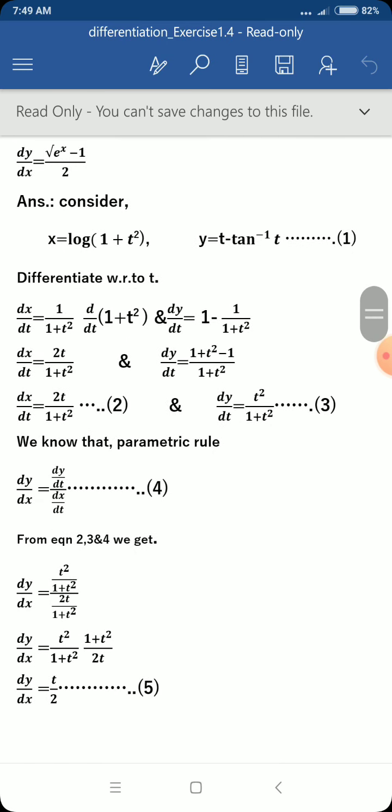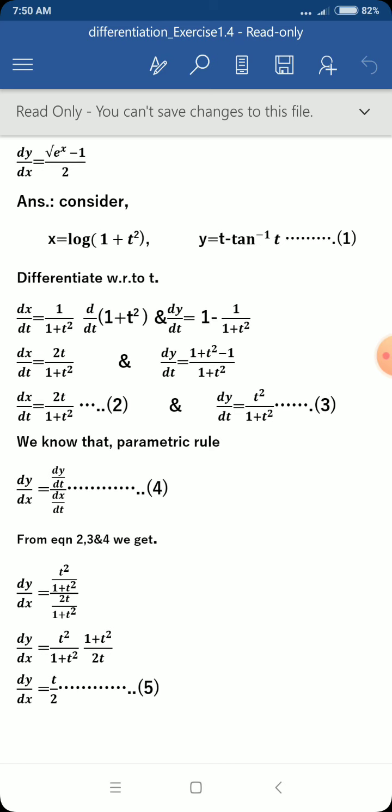Answer for this example. Consider given equations again. x is equal to log of 1 plus t square and y is equal to t minus tan inverse of t, and call this equation number first.